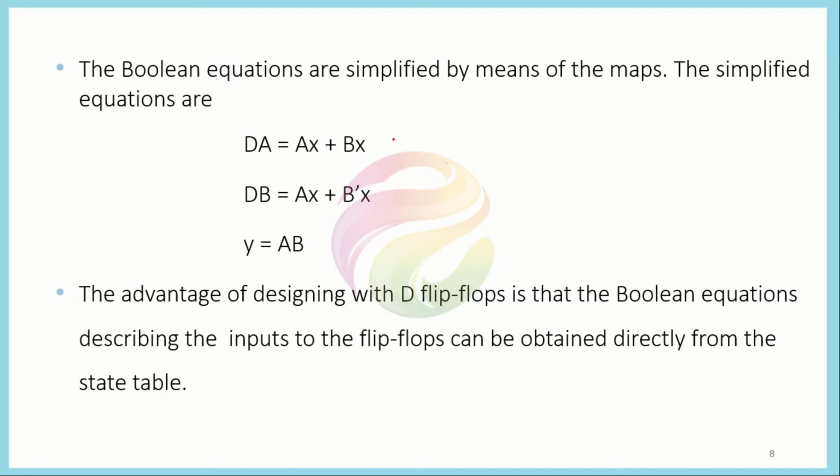So now we are representing this system in the form of three equations. The first equation represents the input to the first flip-flop. This represents the input to the second flip-flop, and this represents the output equation.